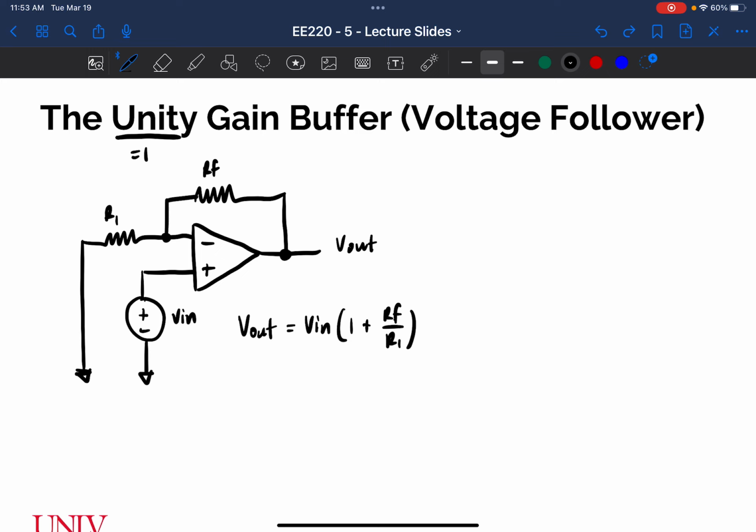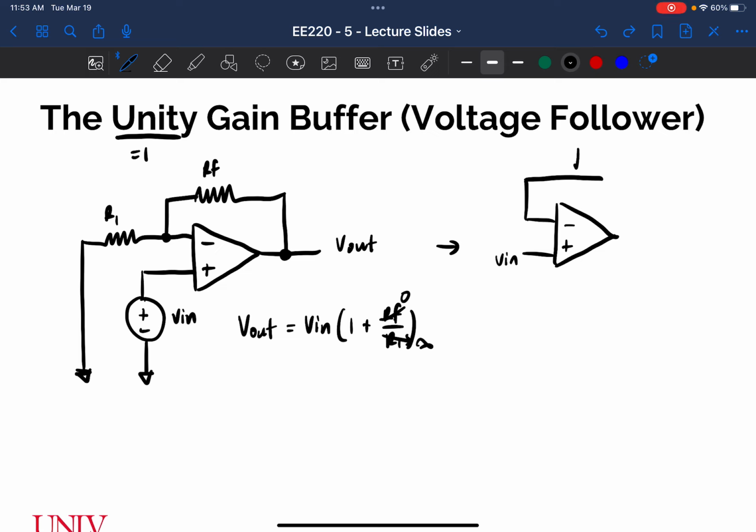If both of those things happen, if I have RF equal to 0 and R1 equal to infinity, then what I get is a circuit that looks like this, which we've already seen. I have my input here, and then instead of anything going this way, I have infinite resistance here, so I can just completely erase all that.